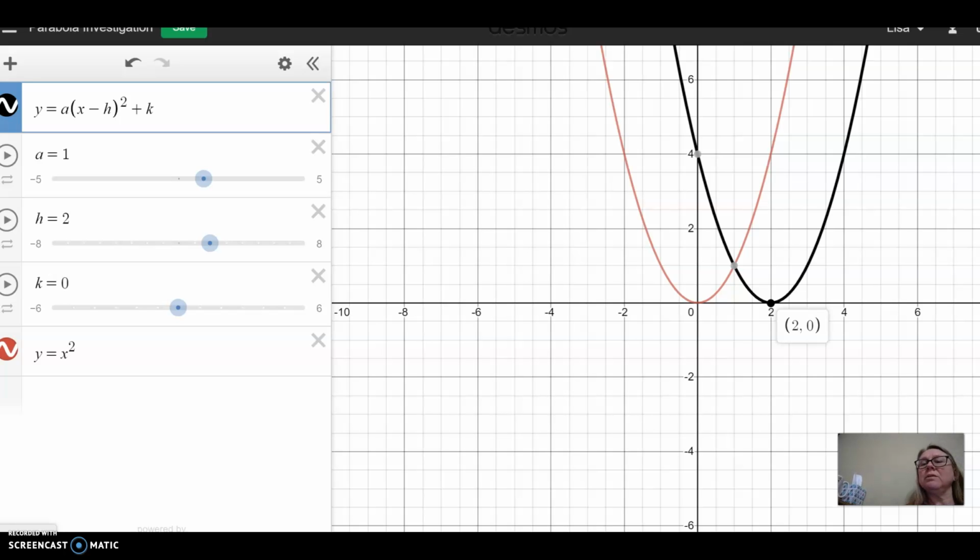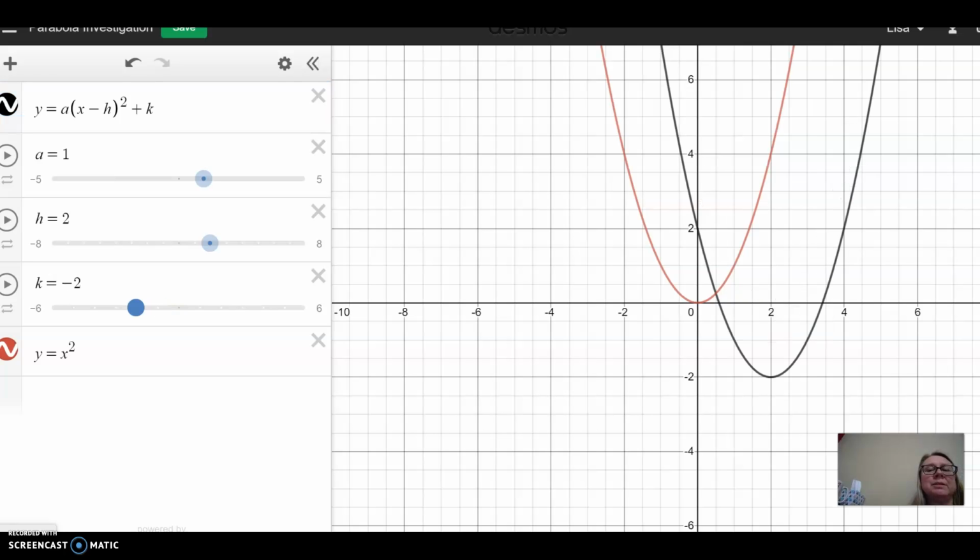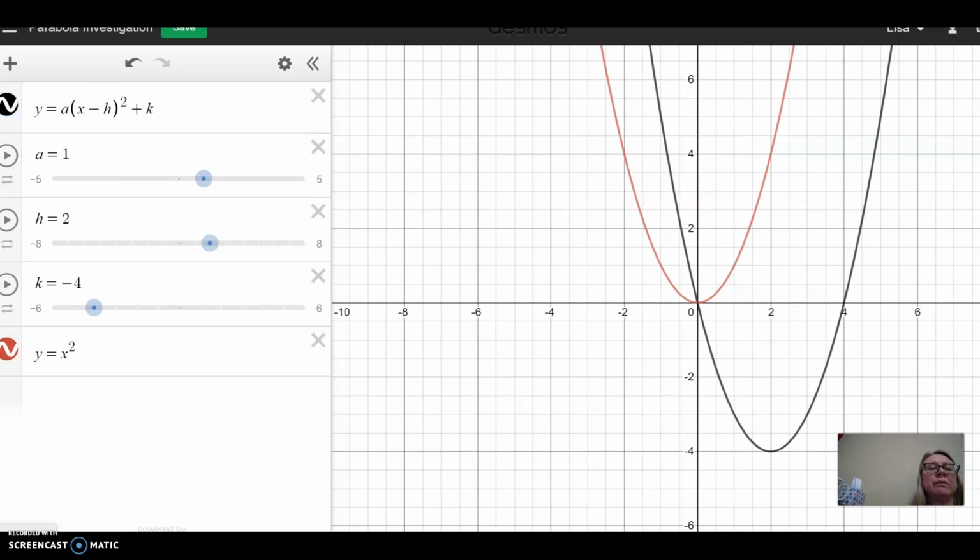And you can see the vertex is right there at 2. Now what if I wanted to also adjust my k value, the value at the end? I can. If I make that say negative 4, it's going to move that parabola down to negative 4. So now my h is 2 and my k is negative 4, and look at the value of the vertex, 2, negative 4.